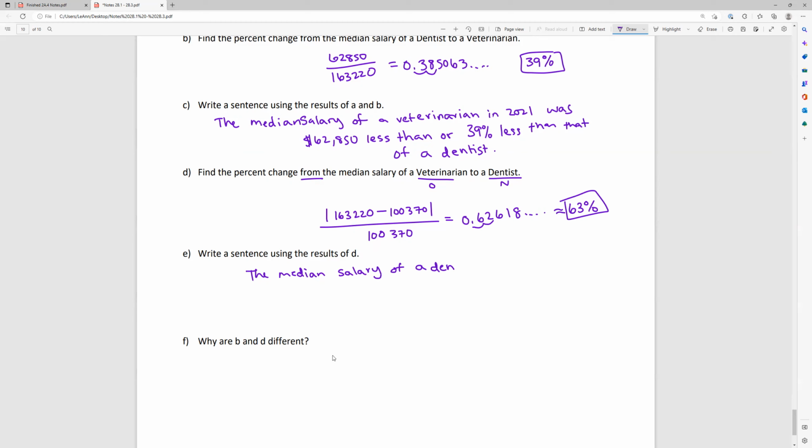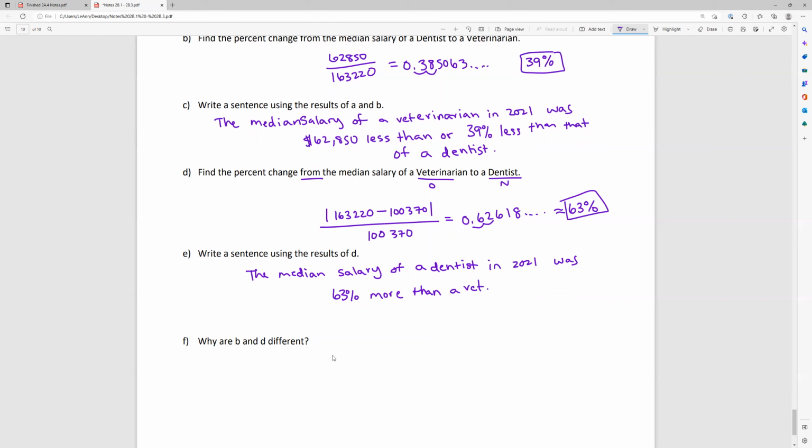We already know that that's still going to be the same subtraction, essentially. It would just be more than, but since they only said reference part D, we're going to use the percentage. In 2021 was 63% more than a vet.